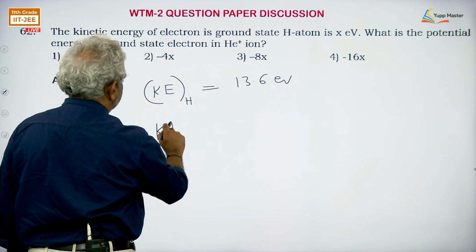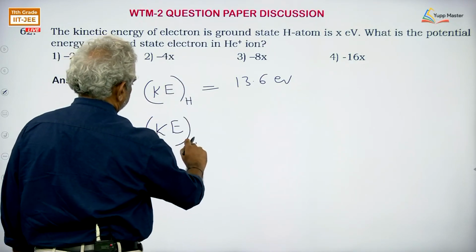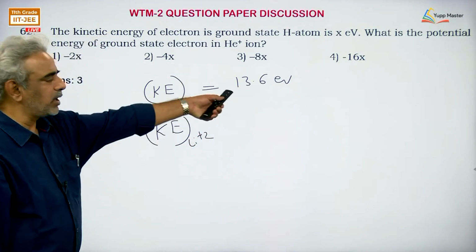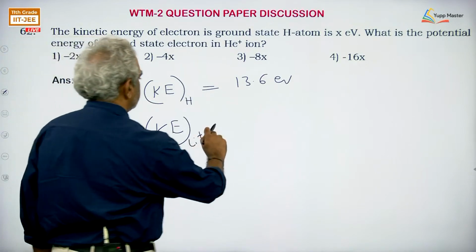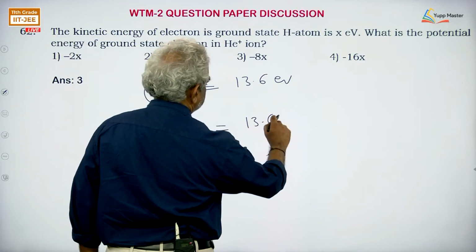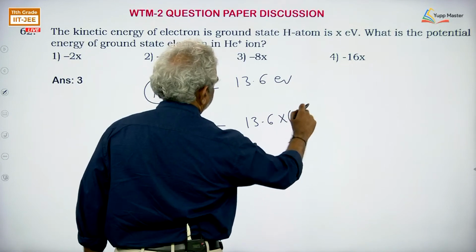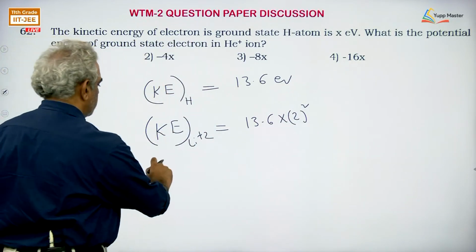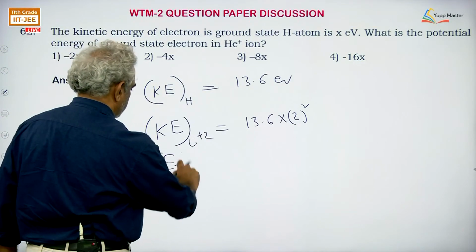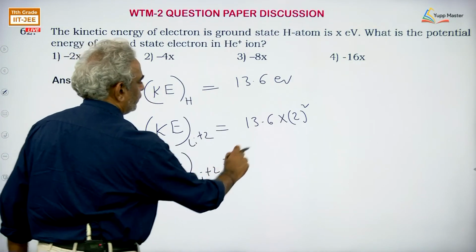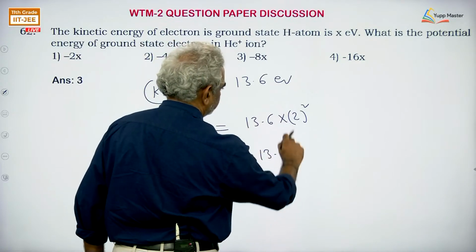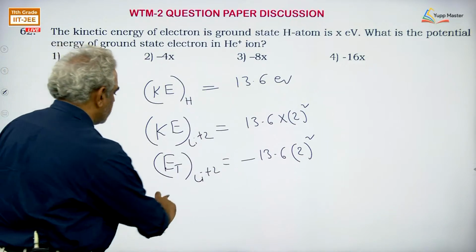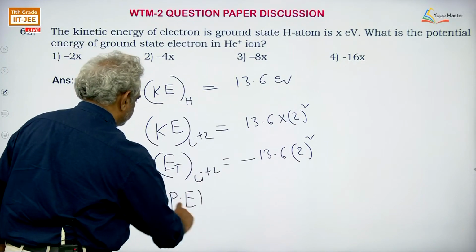We just calculate kinetic energy of lithium plus 2 in ground state, will be obviously Z square of this, no? So 13.6 into 2 square. This is kinetic energy. What is the total energy? Lithium plus 2, negative of this. What is the potential energy of lithium plus 2?